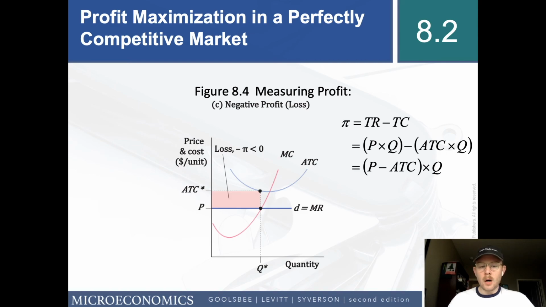Total revenue always equals price times quantity, and total cost equals the average total cost times the quantity being produced. You could also say that it's price minus average total cost times Q. That's just some algebraic manipulation. Means the same thing.